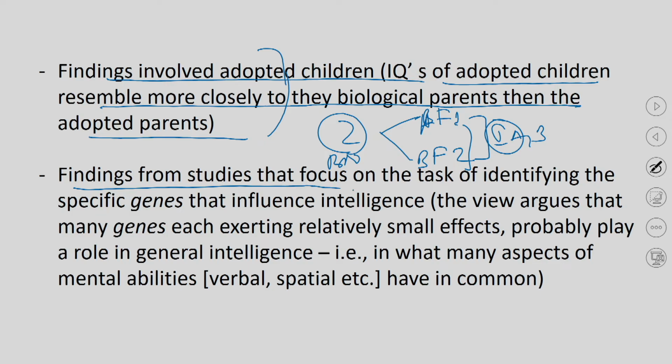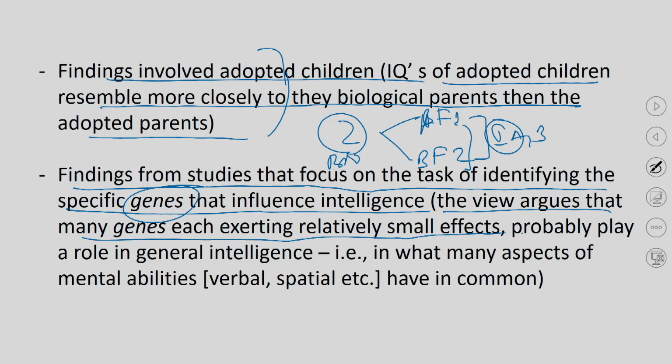Also, there are findings from studies that focus on identifying the specific genes that influence intelligence. Certain genes are known to show that intelligence is genetic in nature. The view argues that many genes, each exerting relatively small effects, probably play a role in general intelligence, that is, in what aspects of mental abilities, verbal, spatial and so on, have in common.